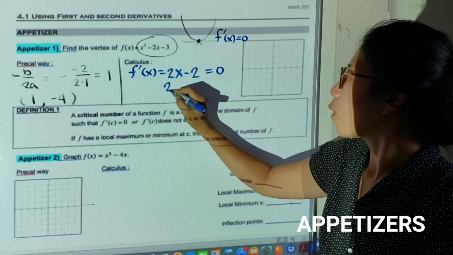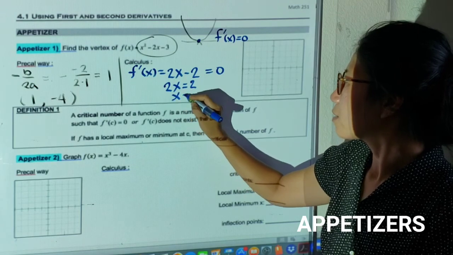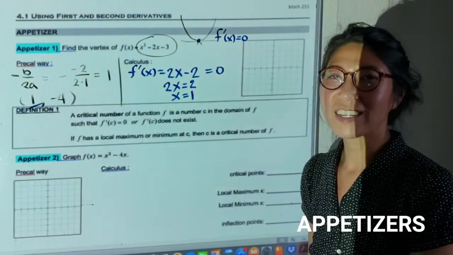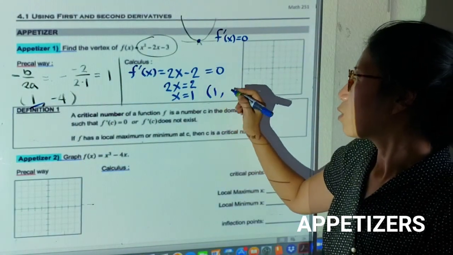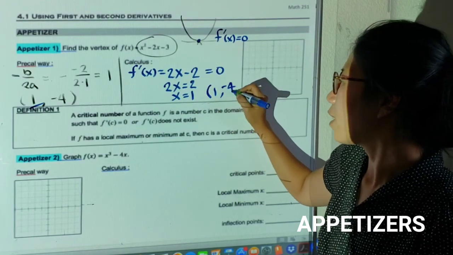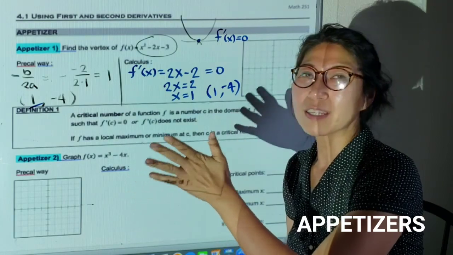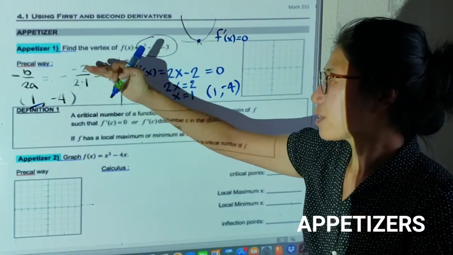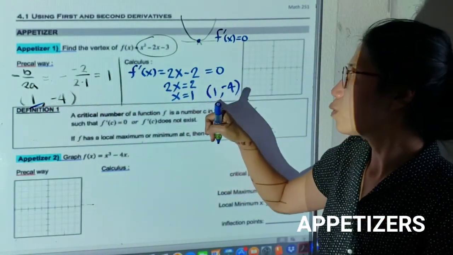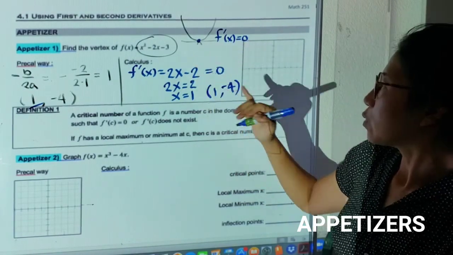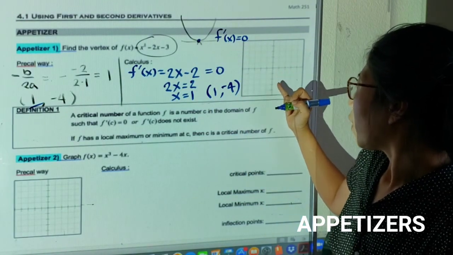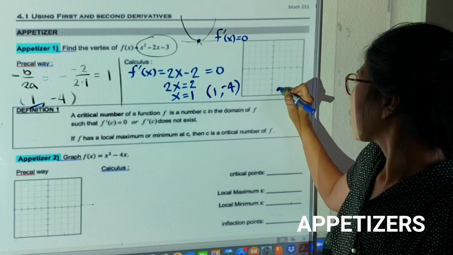If you solve for x, you get x as 1, which is the same as this. Then by plugging in 1, you get negative 4 as well. I want you to see the differences, but they are basically the same. To find the vertex, you can use the formula, or you can use the slope. So by using that, we can use (1, negative 4) and then graph carefully.